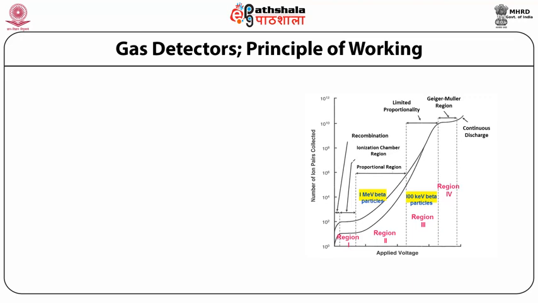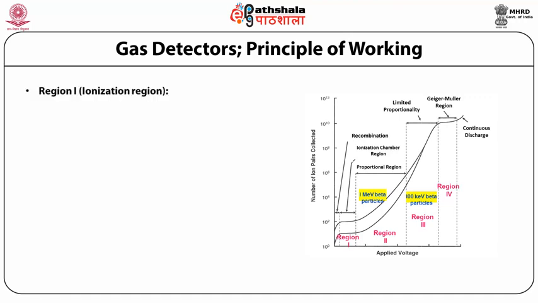Here various terms have been indicated in the picture like recombination, ionizing chamber region, proportionate region, limited proportionality, Geiger-Müller region, continuous discharge, etc. What these subregions mean and what are their properties, that we can discuss in this slide.